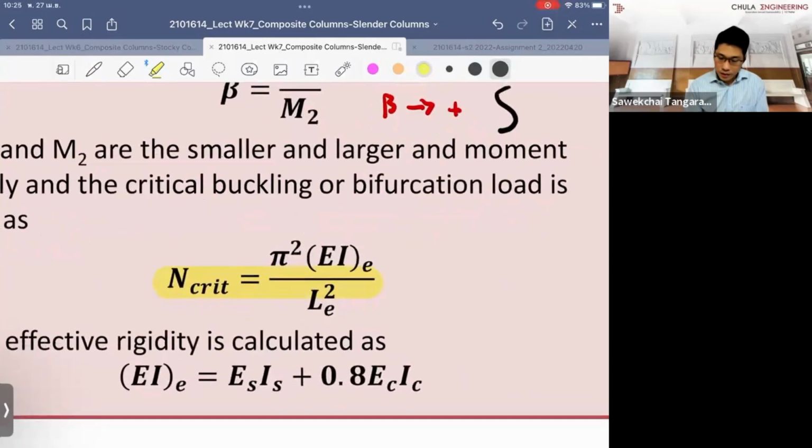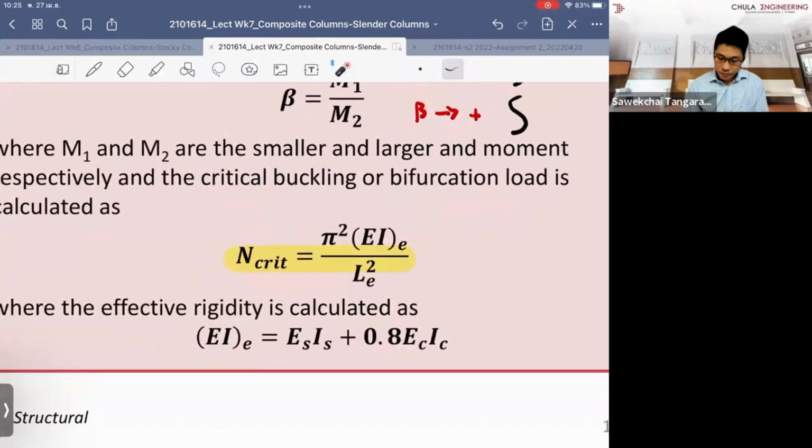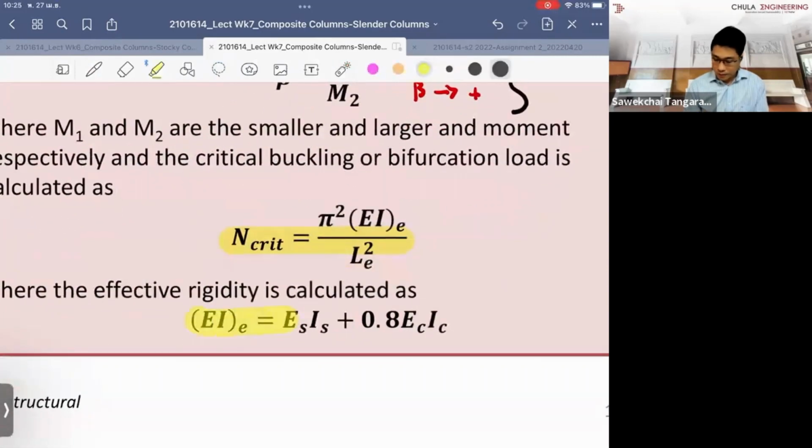So we use the formulation that has been told according to the Euler buckling formulation. But the way we determine the parameter EI, right, depends. In this case, we use the EI as a combination of the EI from the steel plus 80% of the concrete.